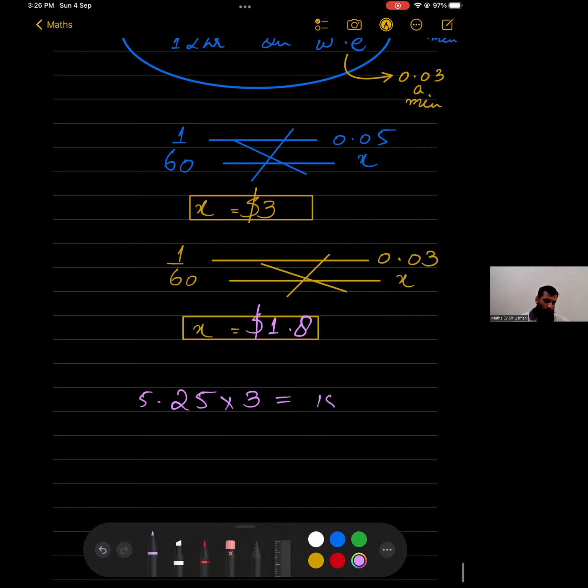This is going to be 15.75. अब ये तो कॉस्ट आ गई है अहमद भाई की इंटरनेट कंजम्पशन ऑन वीकडेज की.